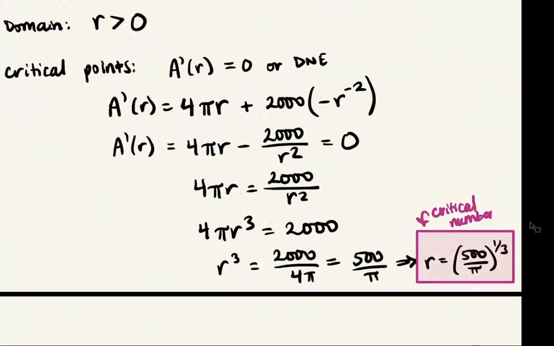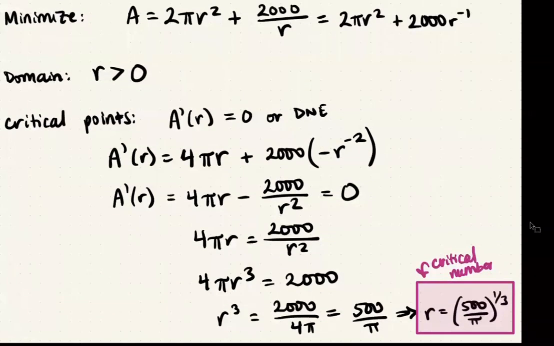Hopefully, I feel like I maybe made that a little bit confusing. This is my only critical number because even though the derivative doesn't exist when r equals 0, the original function is not defined when r equals 0. So that point is not even in the domain of the original function, so we're not going to include it in our critical points.